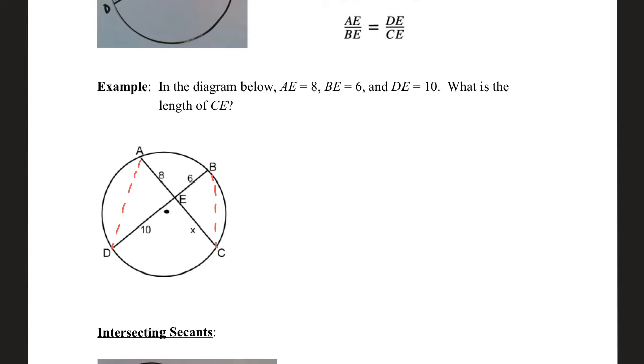All right, so which ones are my corresponding angles here? Well, that's going to be that angle and that angle because they cut off arc AB. And angle A and angle B are the same because they cut off DC. All right, so now I have my corresponding sides. I have 10 and I have x.